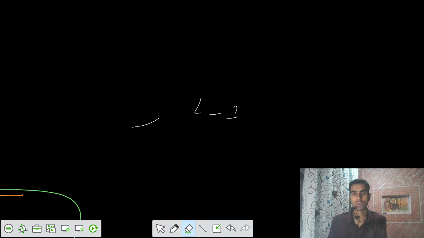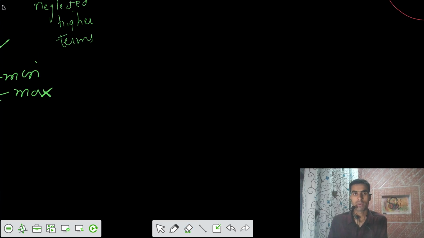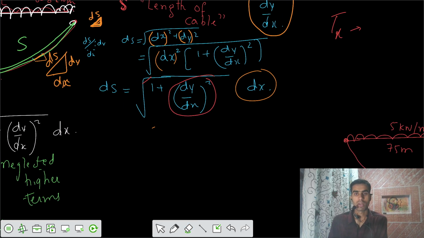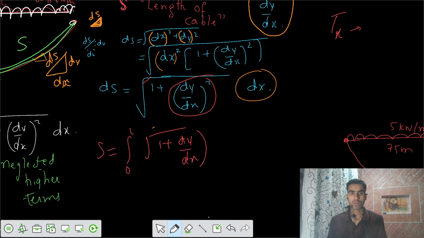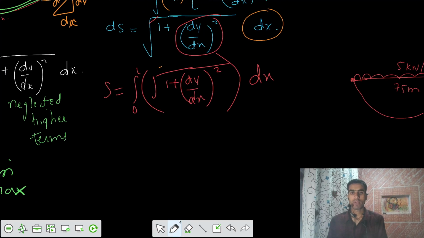I want to find the total length of the cable. For that, I took one small strip of length ds. Now I want the total length. The total s would be equal to integral of 0 to L of root of 1 plus dy by dx whole square dx.